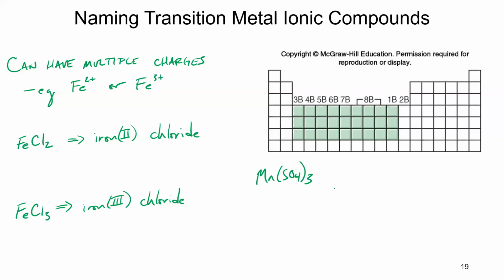But we know the charge on sulfates, right? Sulfate's one of our polyatomics. We've memorized our 19, and we know that sulfate has what charge? 2 minus. -2, right? And if there's 3 of him, what's the overall number of negative charges? -6. And so I've got -6 overall.